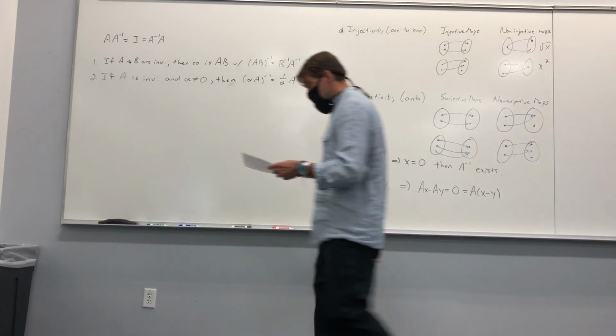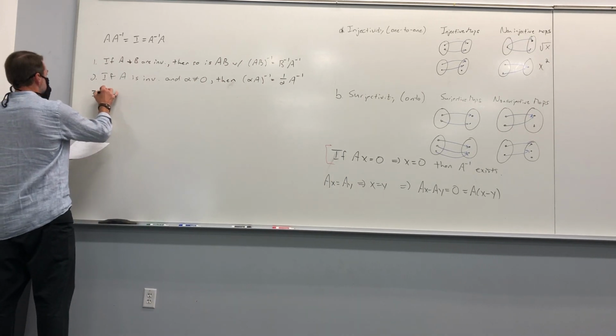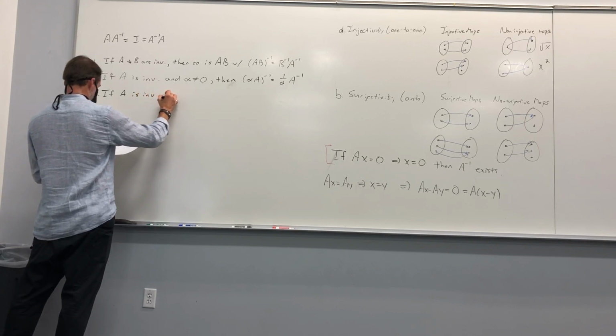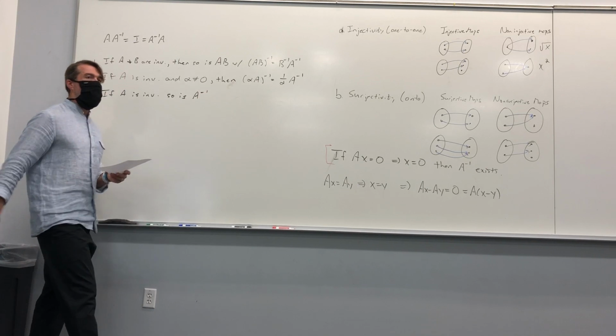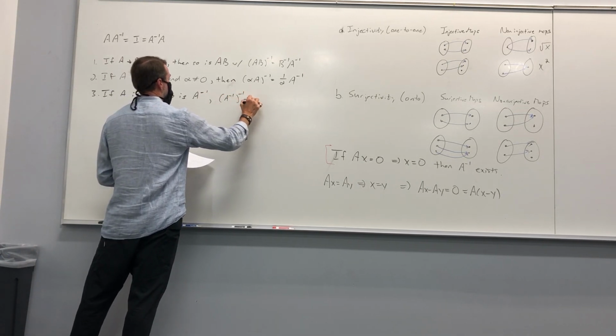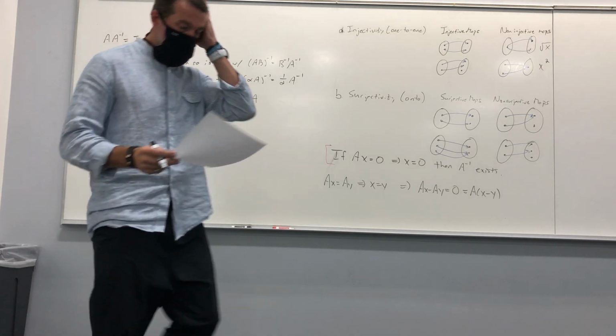And then 3, which is one of those really obvious ones: if A is invertible, so is A inverse. That is, A inverse inverse equals A.